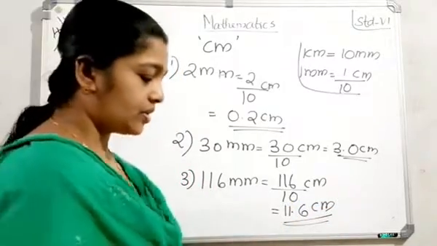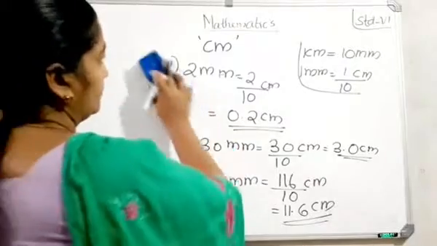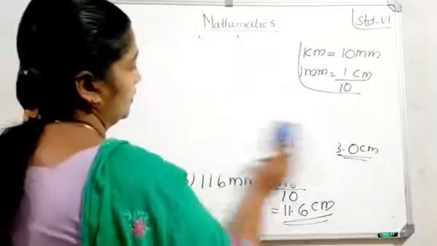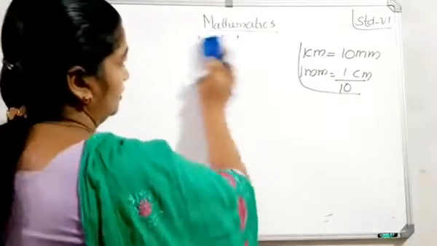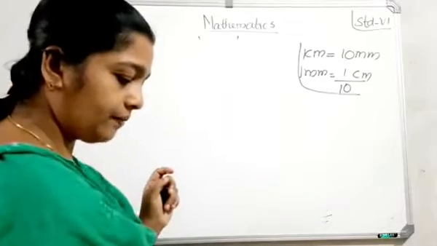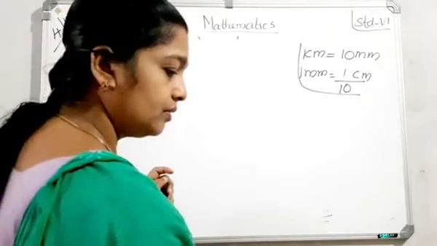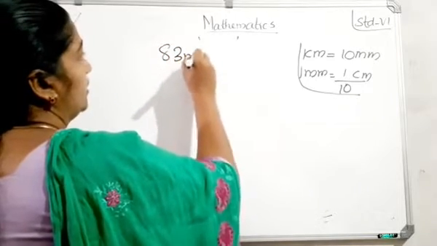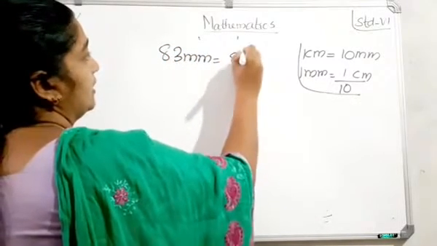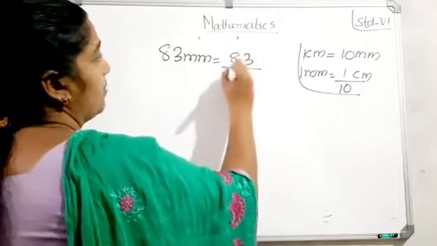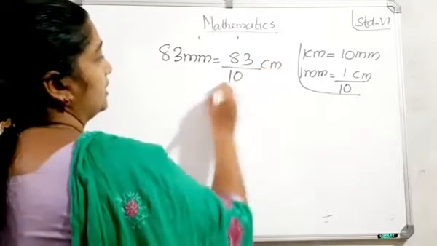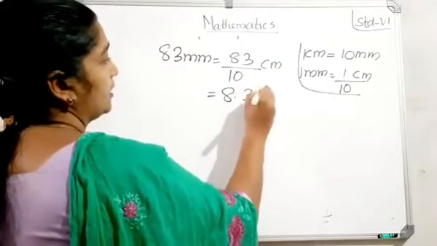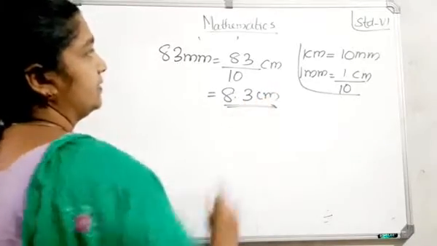Next, 83 millimeter. 83 by 10 centimeter equals 8.3 centimeter.